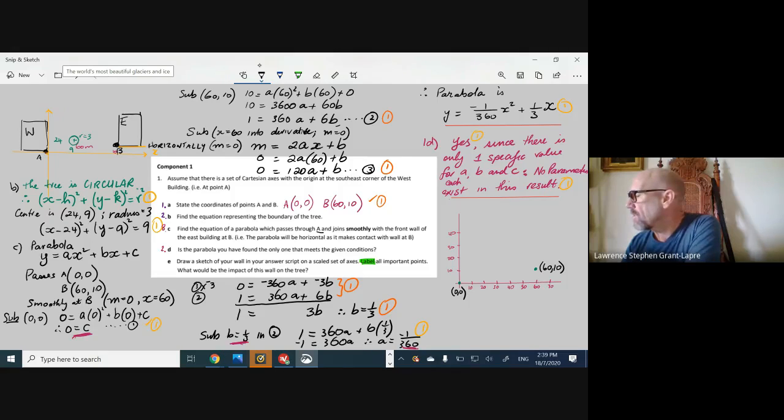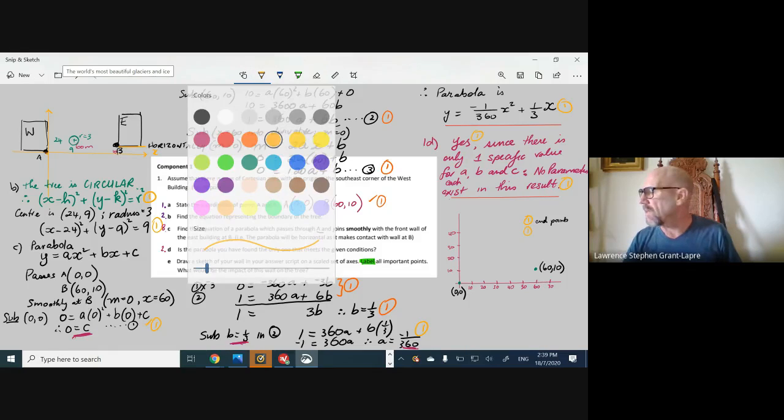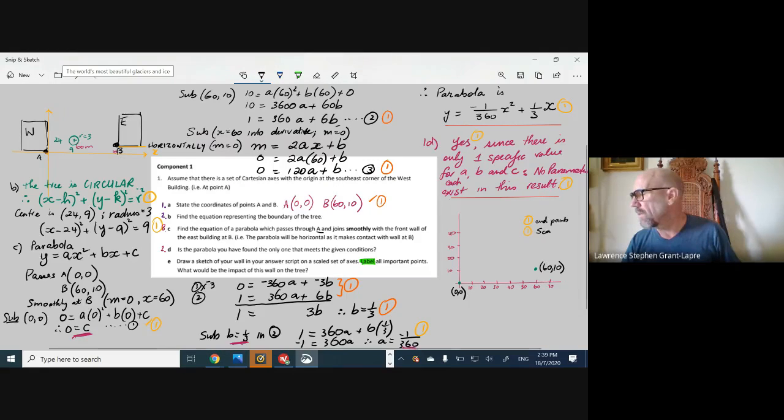So just to put your endpoints, to label your endpoints, you would have got a mark. You get a mark if you've got a scaled set of axes.